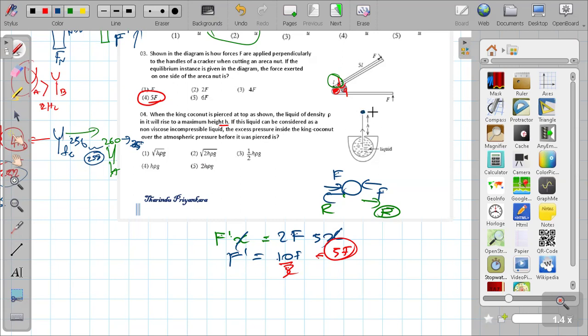So the height is like this, so you can find out the excess pressure inside the king coconut. So it is H rho g. The pressure here is H rho g.